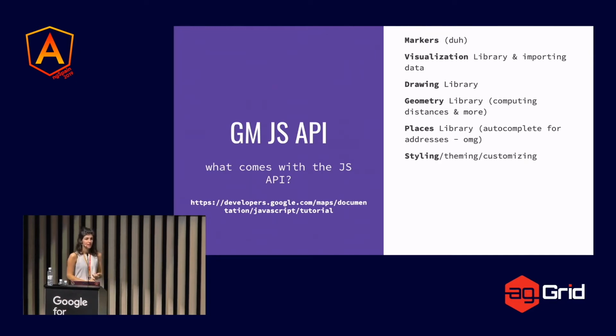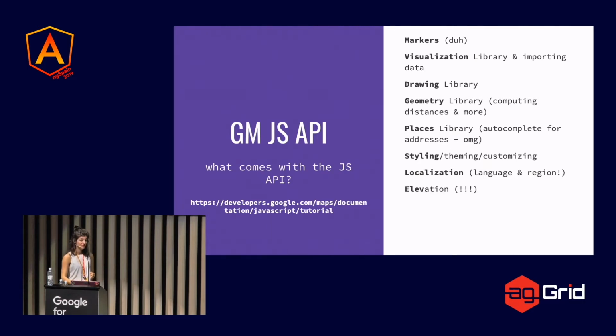Of course, you can style and theme and customize your map however you want. So if you want to build the map that was presented in the previous presentation, you can do that if you choose the right colors and the right outlines and everything you want. And of course, brand it to your business needs. Then you have localization. When you're in Spain, everything is in Spanish, or when I'm in Greece, everything is in Greek. You can choose what language to display your map in.